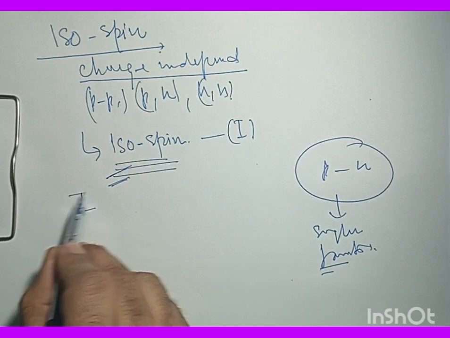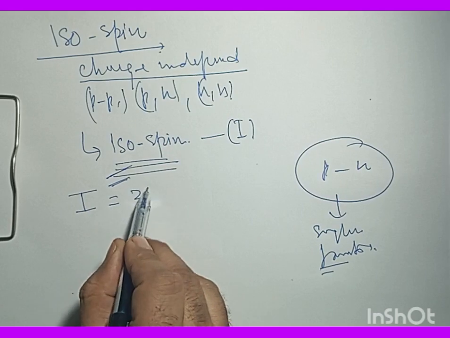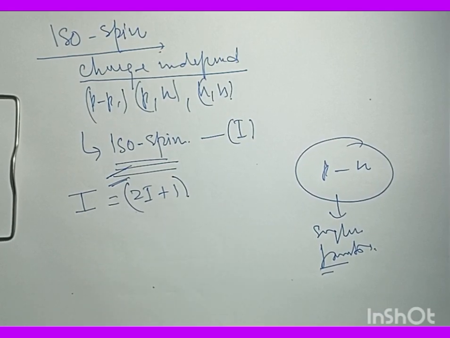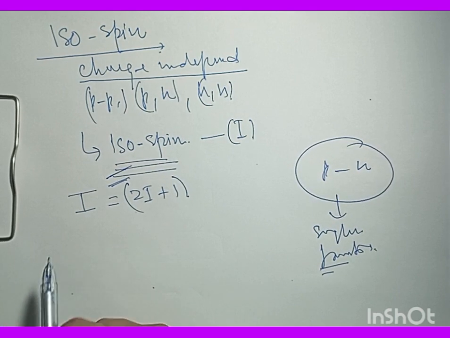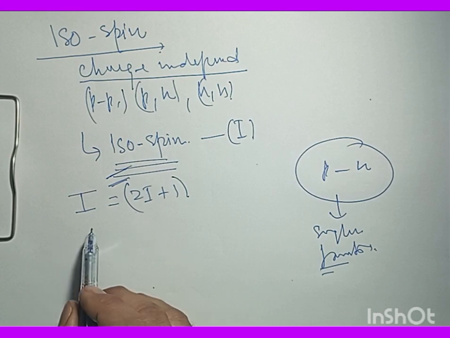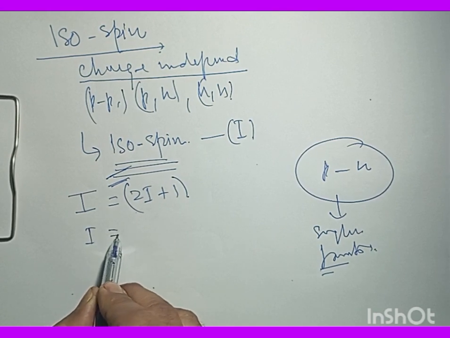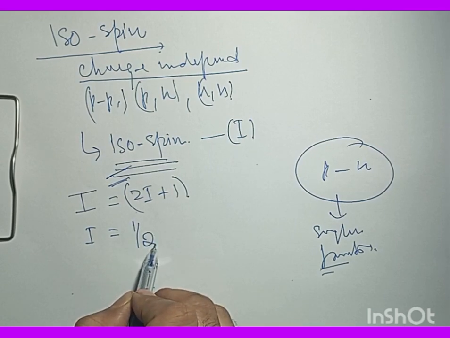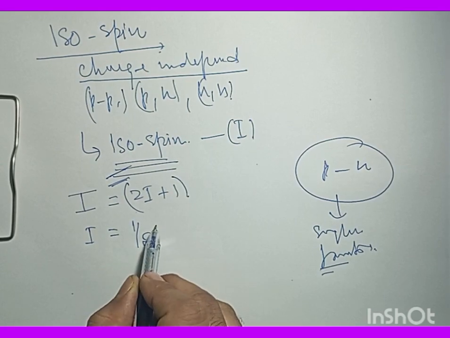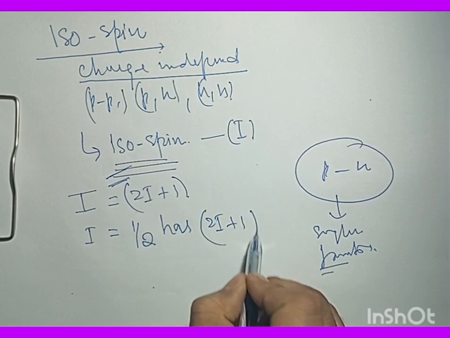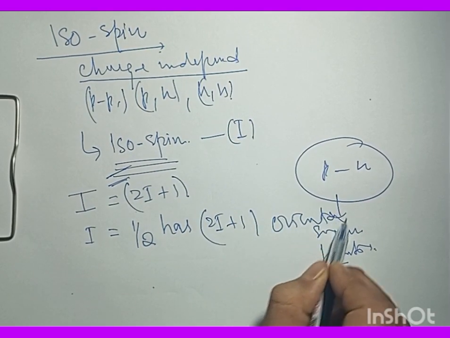Now, I has 2I plus 1 orientations. These are the possible orientations. For the nucleon of isospin I equal to 1 by 2, it has basically 2I plus 1 orientations.